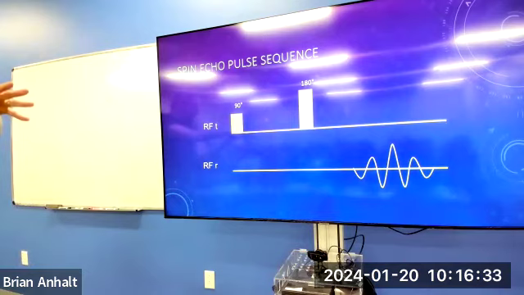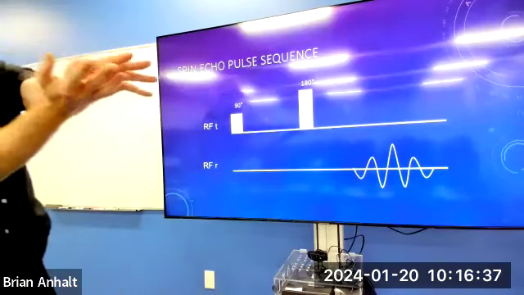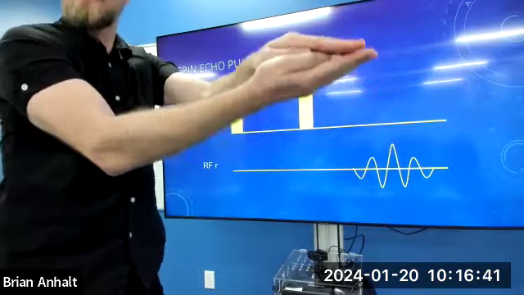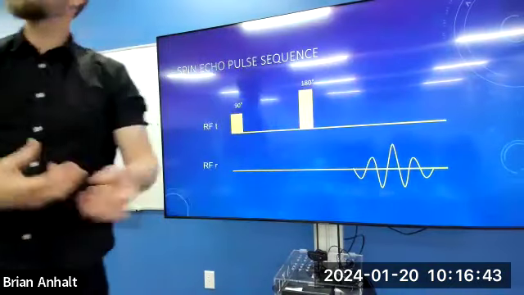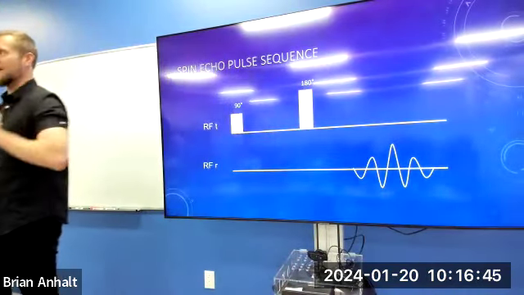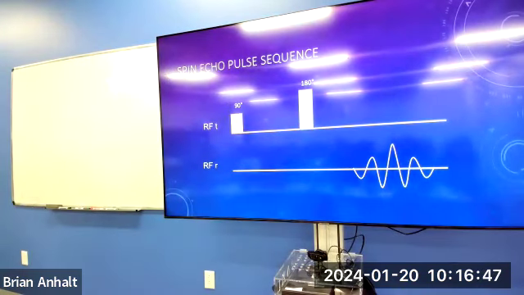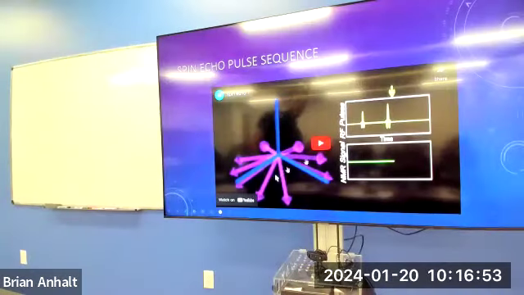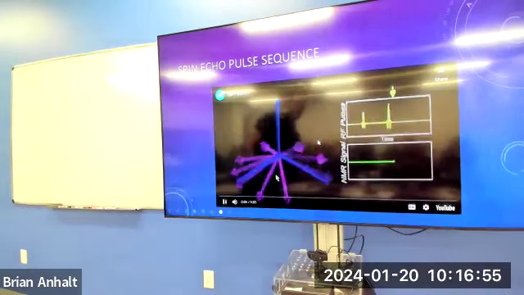Now the fast ones are behind and the slow ones are in front, and they all come back together. Except they don't come perfectly back together because true T2 interactions don't get rephased. We can't touch them. That happens anyway, which is good, so we can get T2 contrast. Well, here we go. Take a look at this real quick. Hopefully this video will help you see it a little bit better.